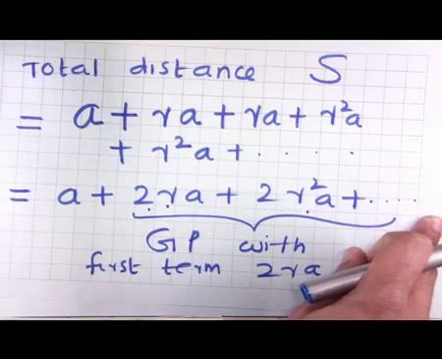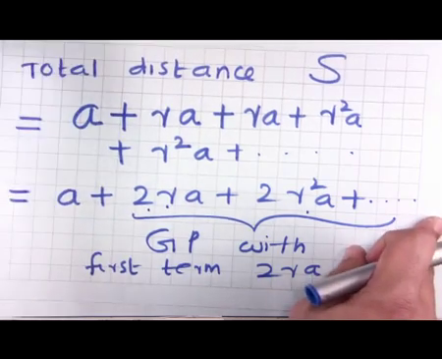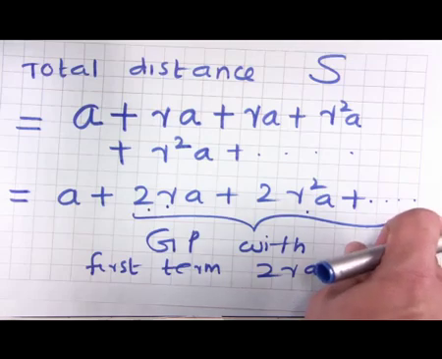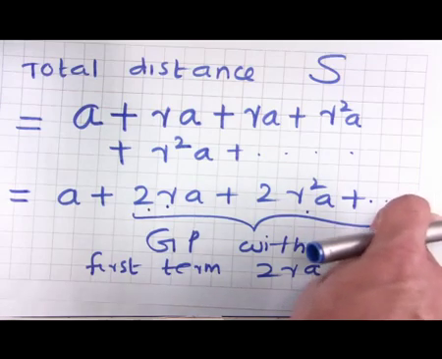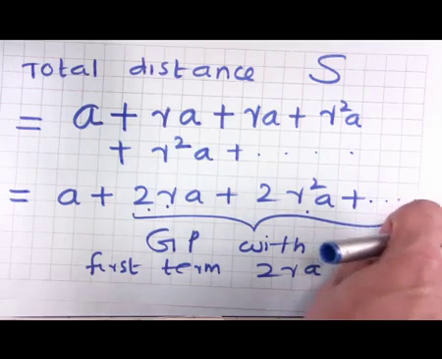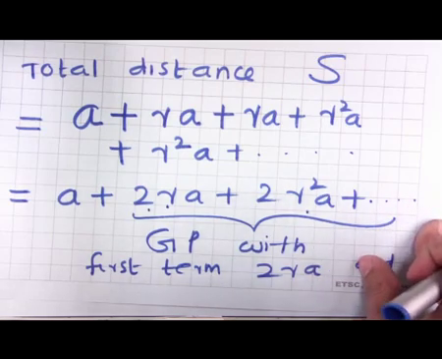is in fact convergent, and sum to infinity of a GP with the first term a and common ratio r is given by the formula a by 1 minus r, which we developed in previous lectures.